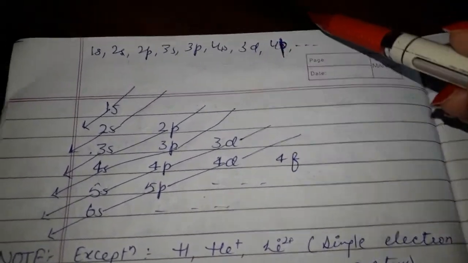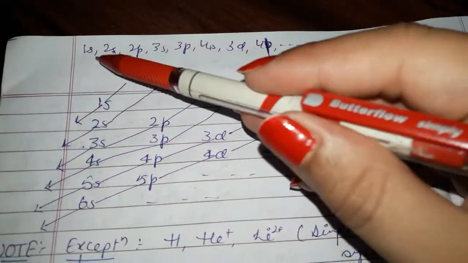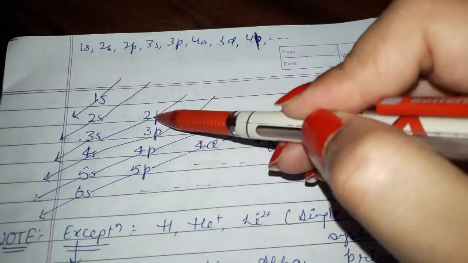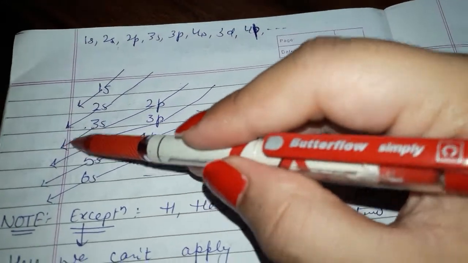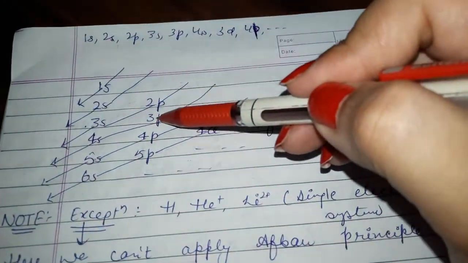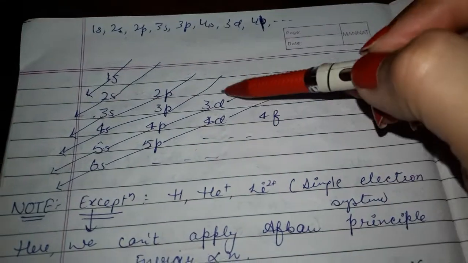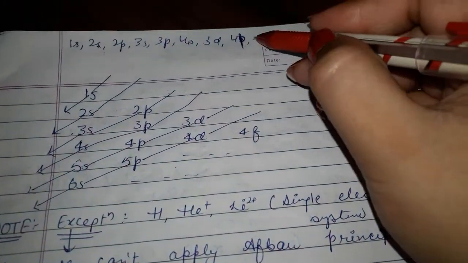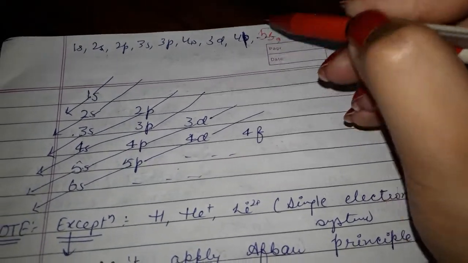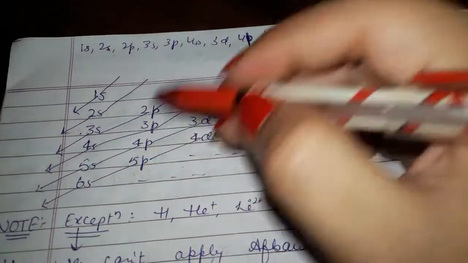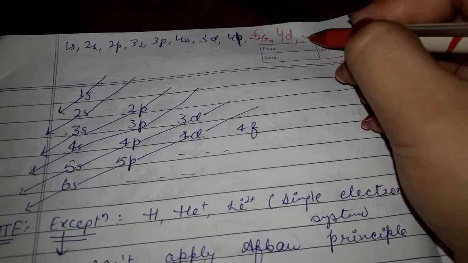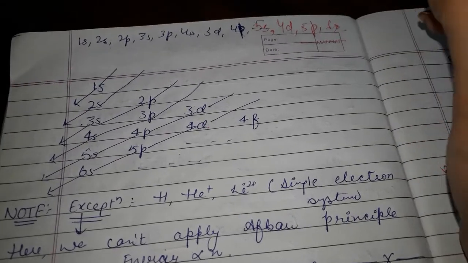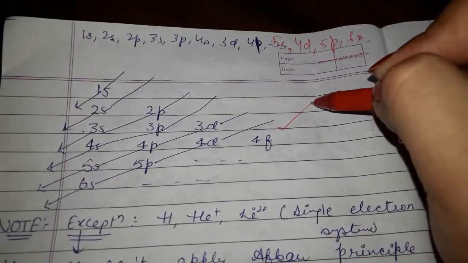So when we write it, we write it as 1s, 2s by following the arrow, then 2p, 3s because the arrow is downward, then 3p, 4s, then 3d, 4p, 5s, then 4d, 5p, 6s. You can learn the order to fill electrons in this way.